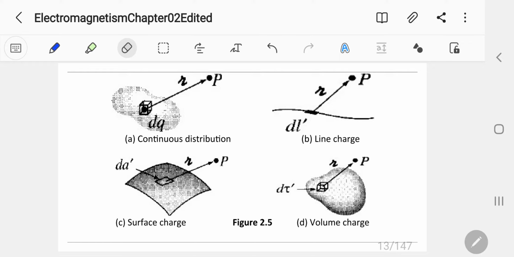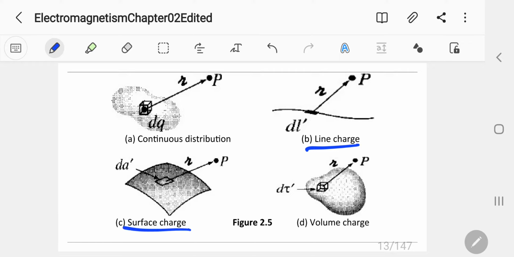But there are also other problems in electrostatics that do not deal with discrete distributions of charge. We also have continuous distributions. Some distributions would be line distributions, like here, and other distributions would be surface charge distributions.